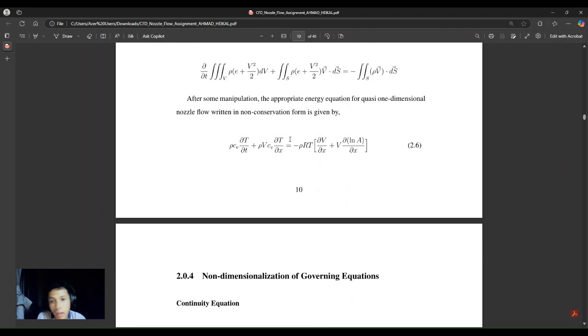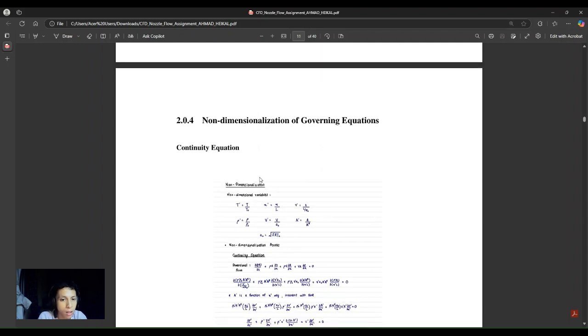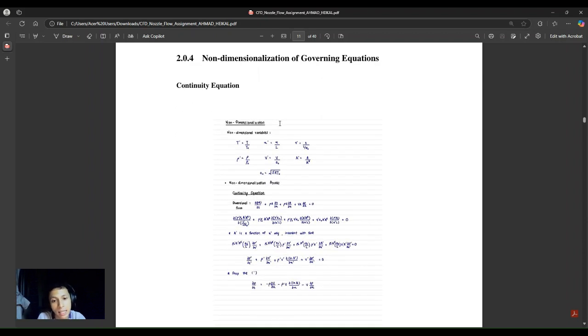And this is the non-conservation form of the energy equation for the quasi-one-dimensional flow. For computation purposes, this is the part where we don't want to bother with the units of the flow field variables such as density, velocity, area, and so on.